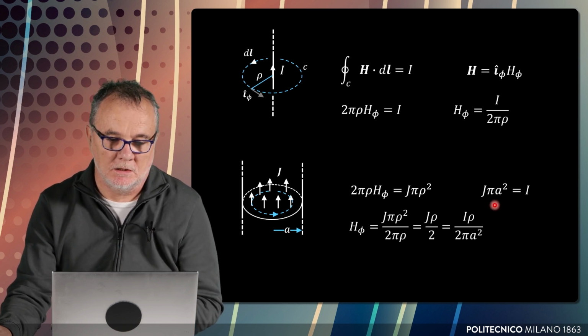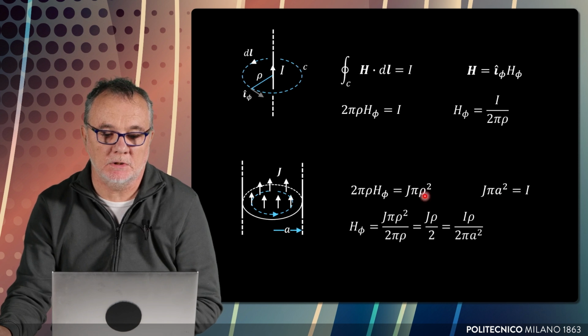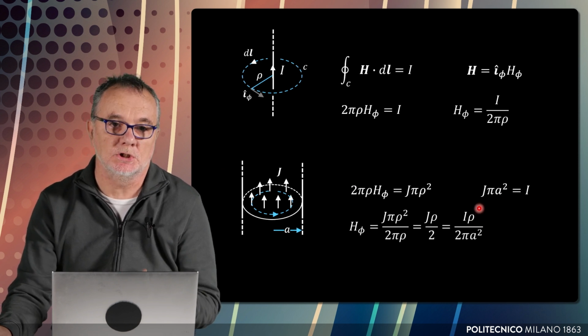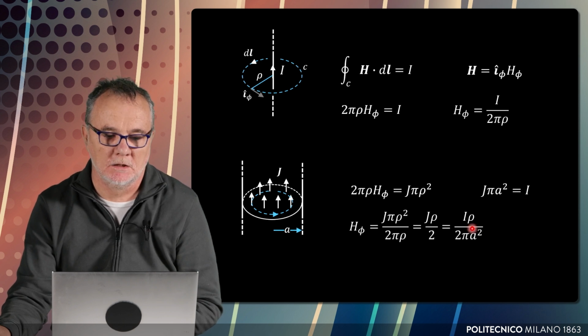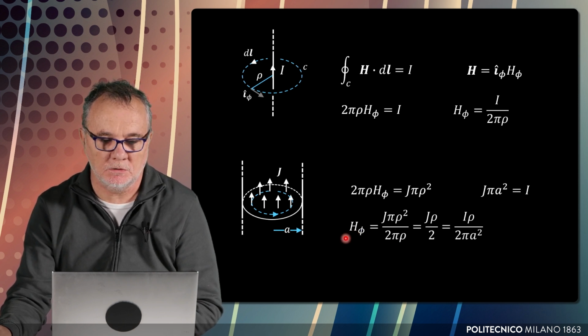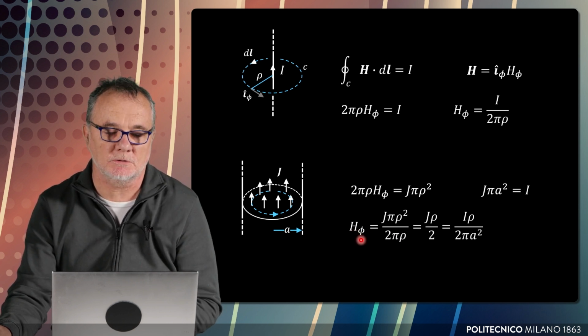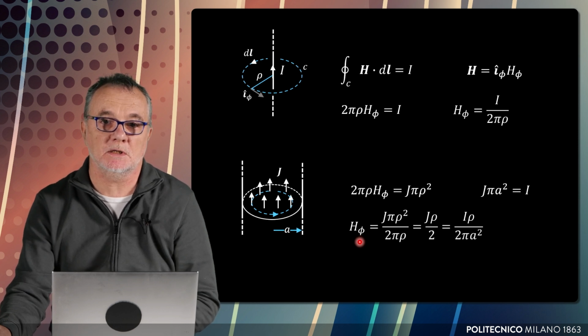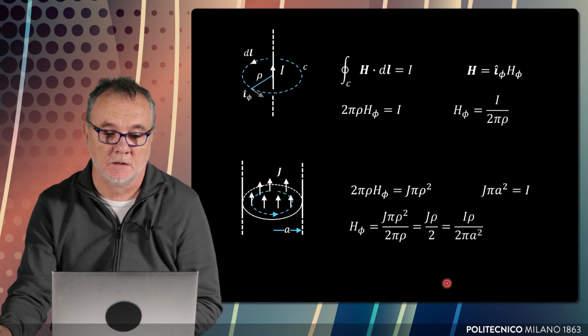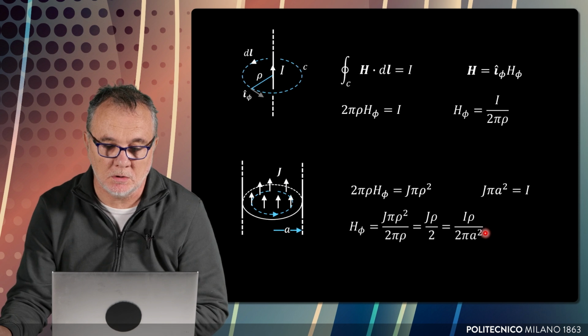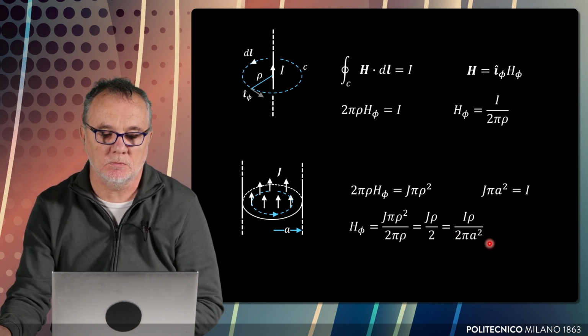Therefore, since J, the current density, is related to the total current by J times pi a squared equals I, we can substitute to find the total expression for the phi component of the magnetic field inside the wire, which is I times ρ divided by 2 pi a squared.